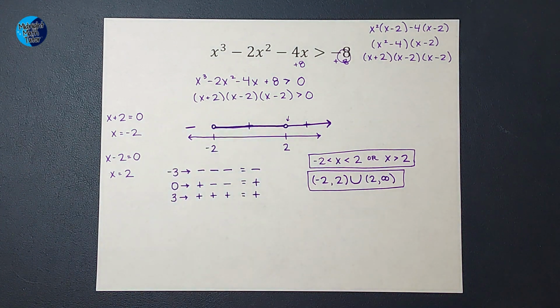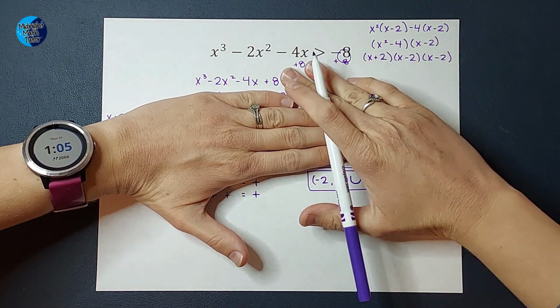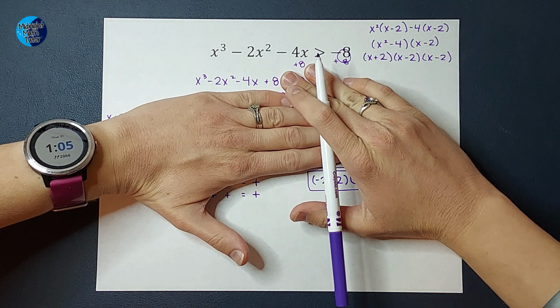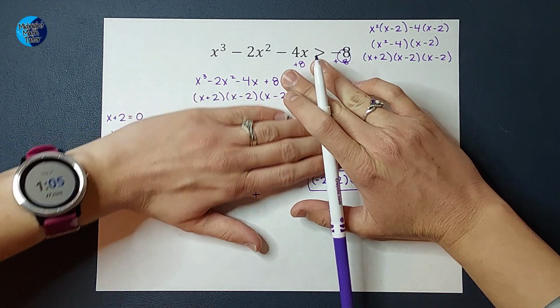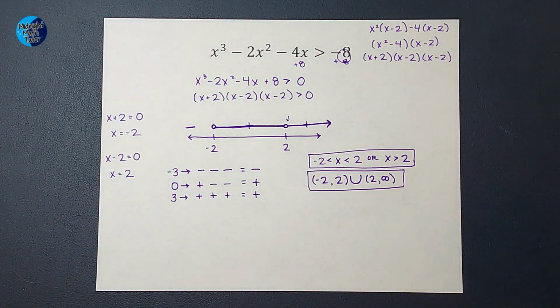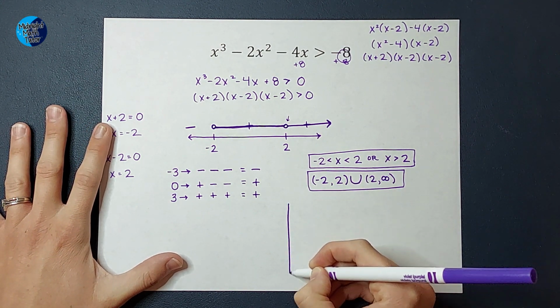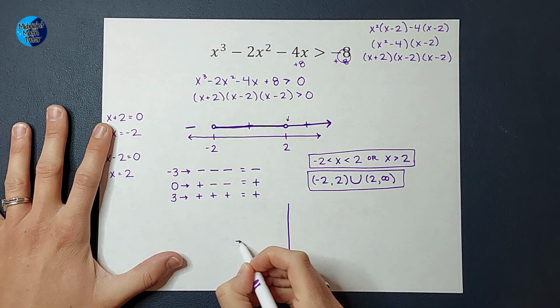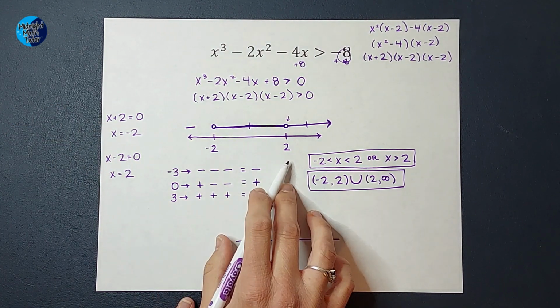Okay. All right. Next, I promised that I would tell you why this works. Okay. First of all, I want you to think if we were graphing this polynomial. Okay. If you need a review on how to graph polynomials, guess what? I'll link a video for you. Okay. If we were graphing that using like end behavior, multiplicities, this may sound familiar, my graph would cross or touch the x-axis at -2 and 2, right?